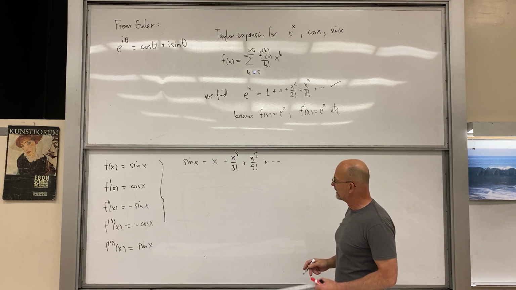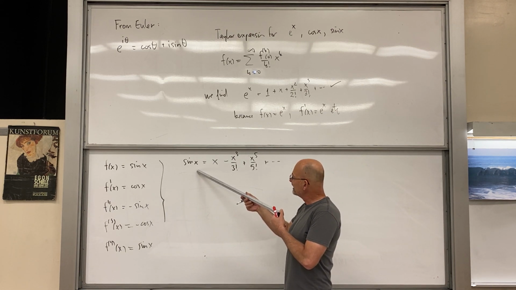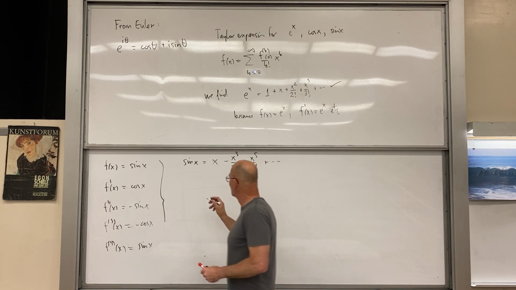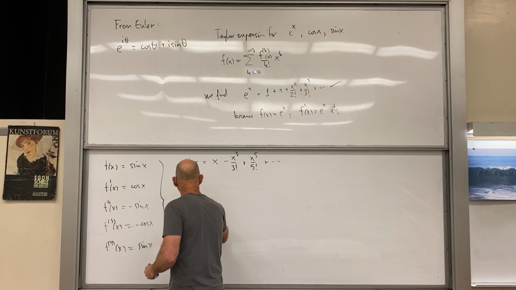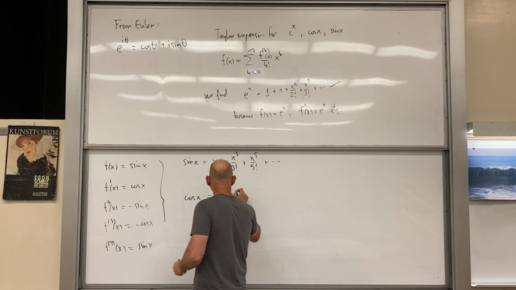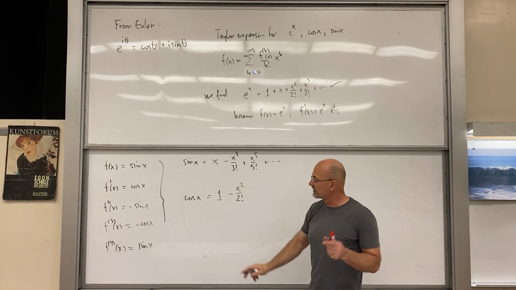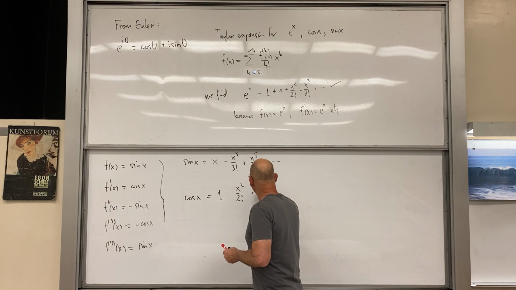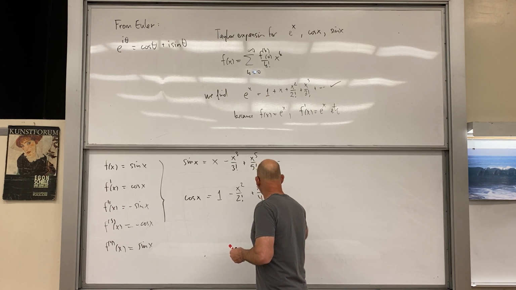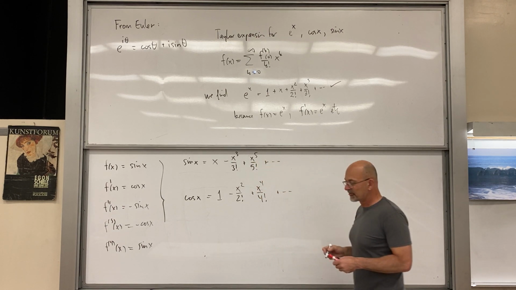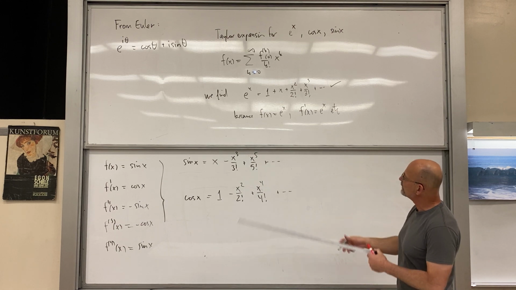And then cosine of x is going to be 1 minus x squared over 2 factorial, which is just 2, plus x to the 4th over 4 factorial, and so on. Okay, so that's how we get those systematically.